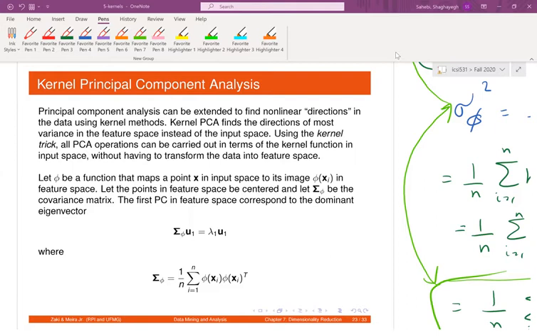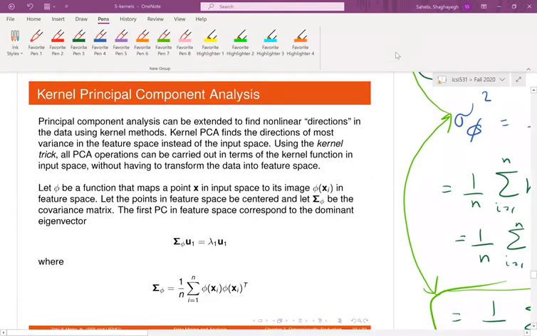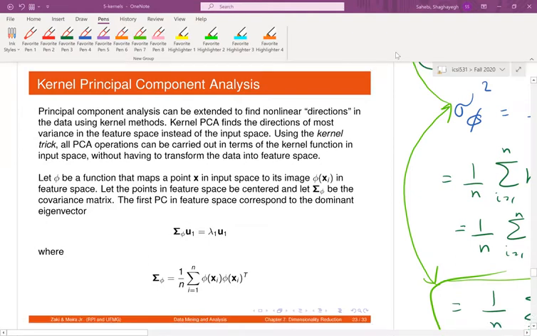But as you remember, our PCA was a linear kind of analysis, so it could not understand the nonlinearities in our data. Now that we have learned about kernels, let's see how we can apply the kernel trick to PCA and basically learn how to find nonlinear patterns or directions in our data using kernel PCA.